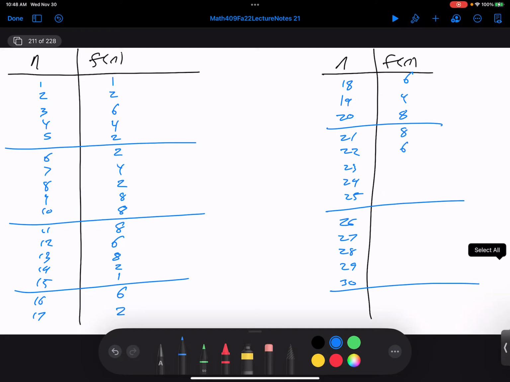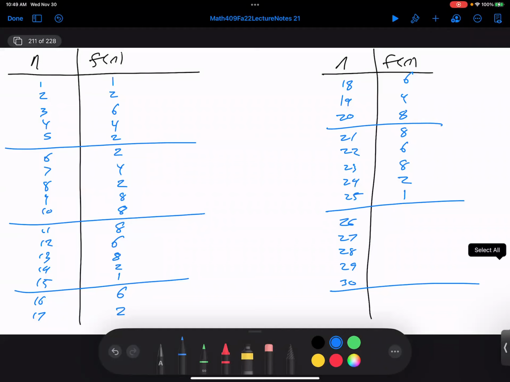Did I make a mistake, or are we repeating at this point? Yes. All right, then 6 times 3 is 18, 8 times 4 is 32, and 5 times 2 is 1. So 8, 6, 8, 2, 1 with a 15. Good. And then these are going to all be the same, so we've now got a repeat.